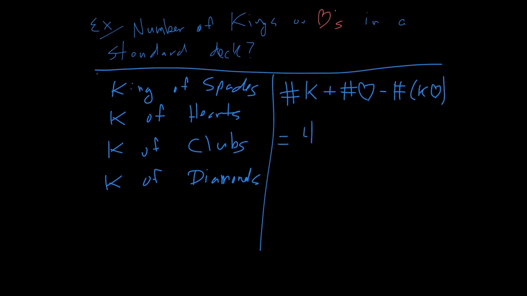There are 4 kings. There are 13 hearts, because it's the ace of hearts through the king of hearts. And there is 1 card that is a king and a heart at the same time, and it's the king of hearts. So when you do the arithmetic, 4 plus 13 is 17, minus 1 is 16. And I really did do it in my head that time. Okay.